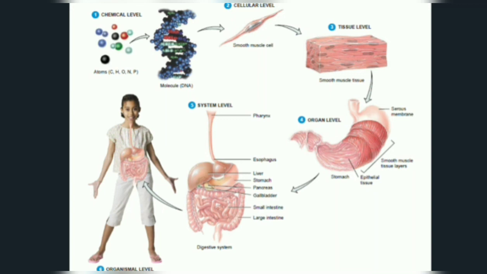And when several systems are combined together, they form an organism, or let's say a human body. This process is similar in almost all living organisms.